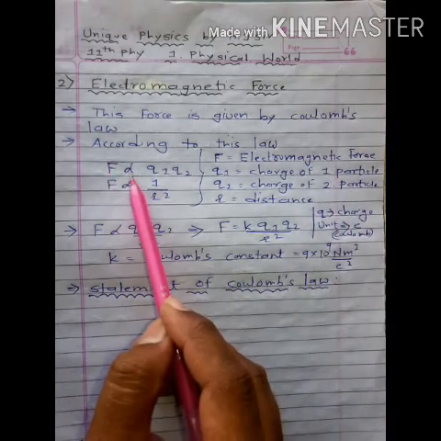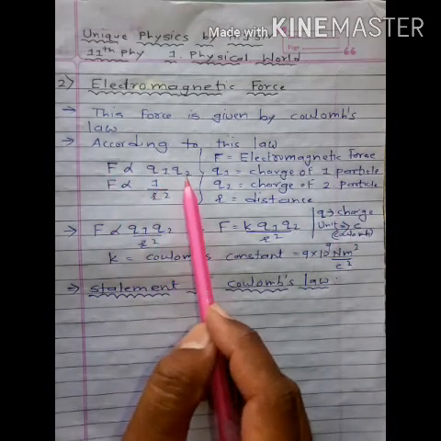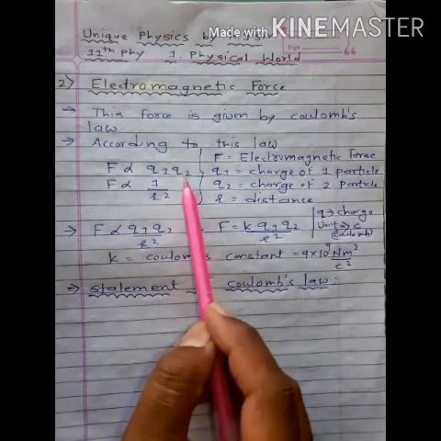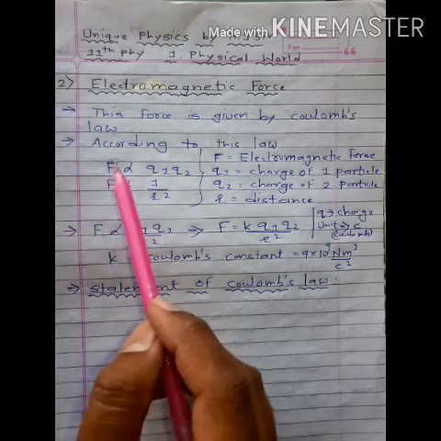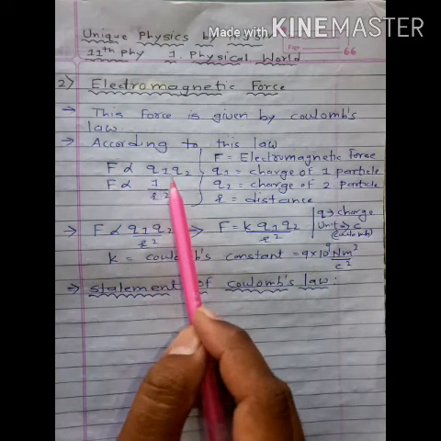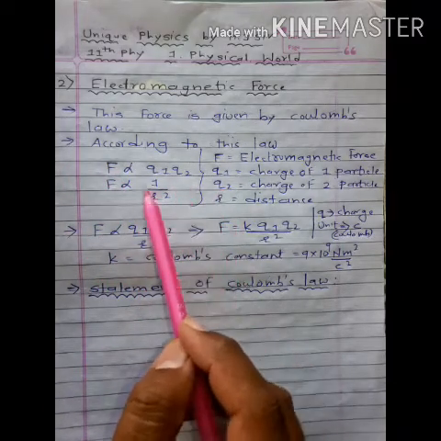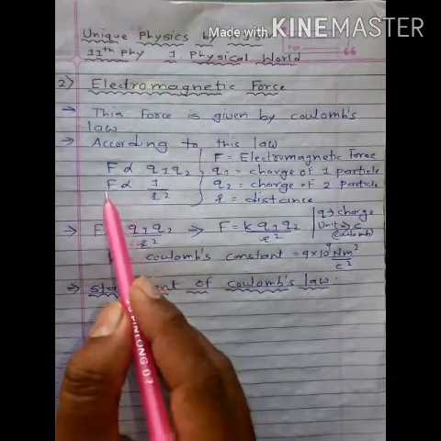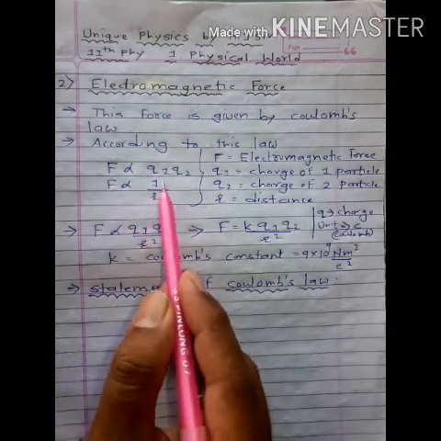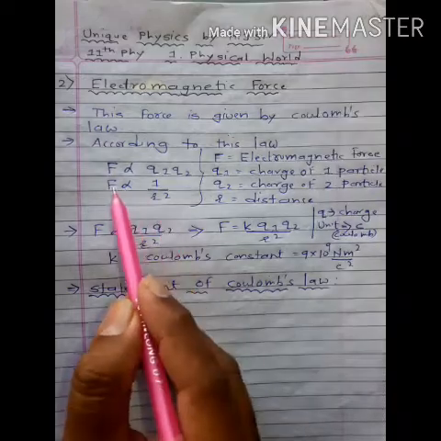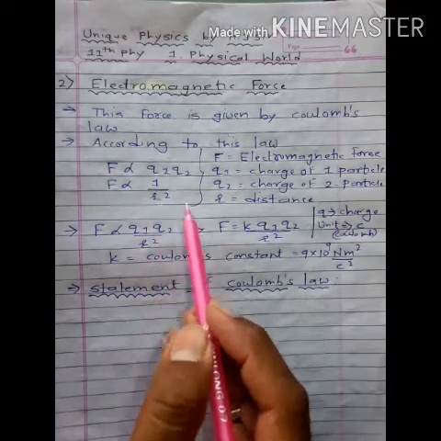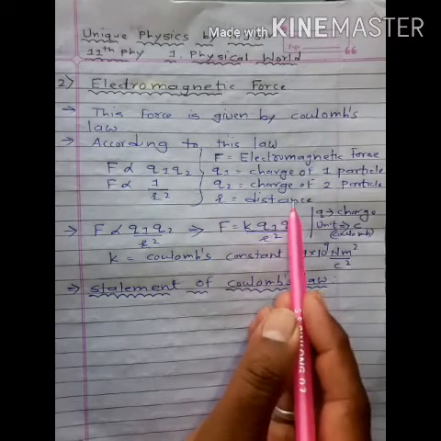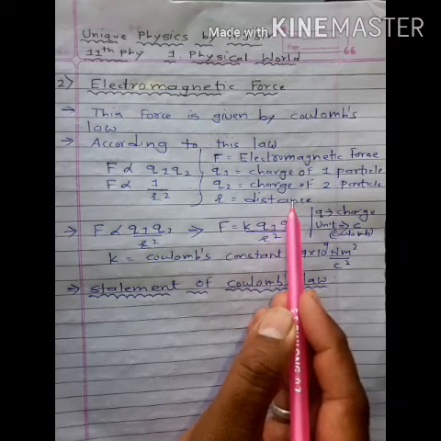So F is directly proportional to Q1 and Q2. In gravitational force, we consider F directly proportional to M1 and M2. But here we have charged particles. Remember one more point. F is inversely proportional to R square. So F is proportional to 1 upon R square, where R is known as the distance between two charged particles.